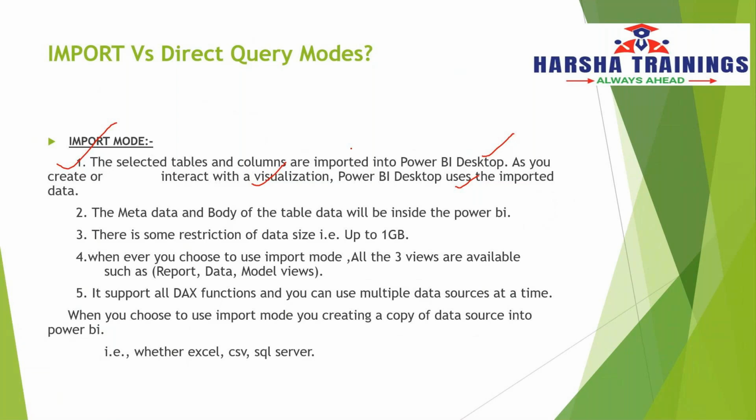Now, what is the metadata and the body of the data table? Can anyone tell me about the metadata? The body of the table data will be inside Power BI. What is meant by metadata? Raw data which we are getting from the data sources?